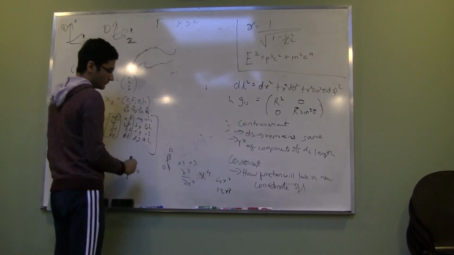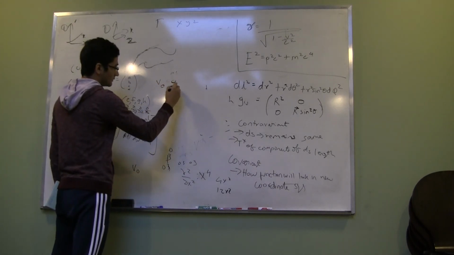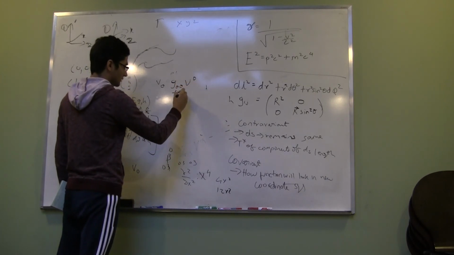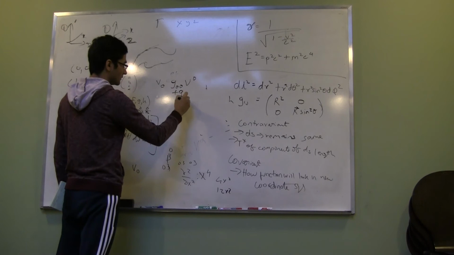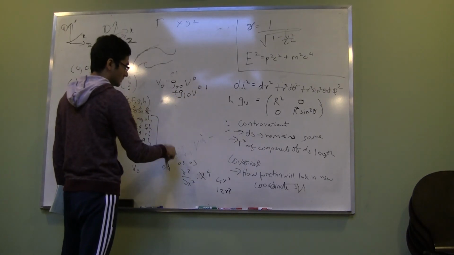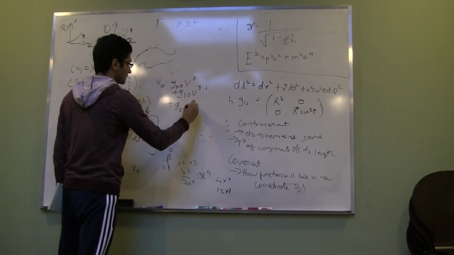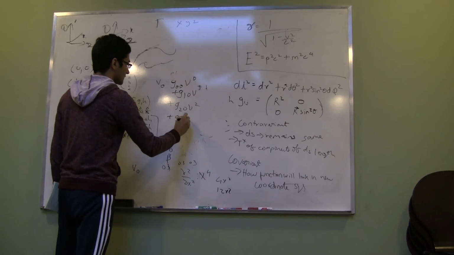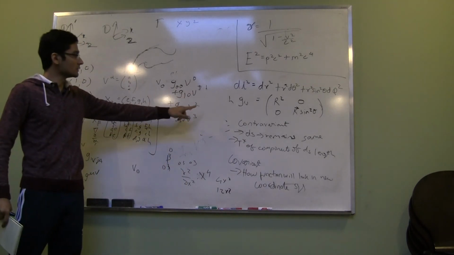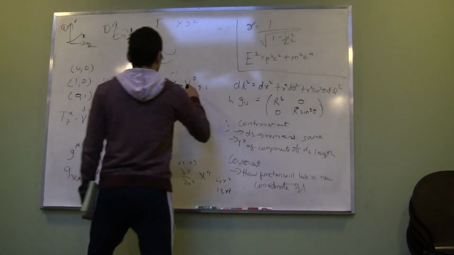So for example, if V is 0, it will be V0 equal to G 0, 0, V0 plus G 1, 0, V1 plus G 2, 0, V2 plus G 3, 0, V3. So now V0, V1, V2, V3 are all in those directions, right?